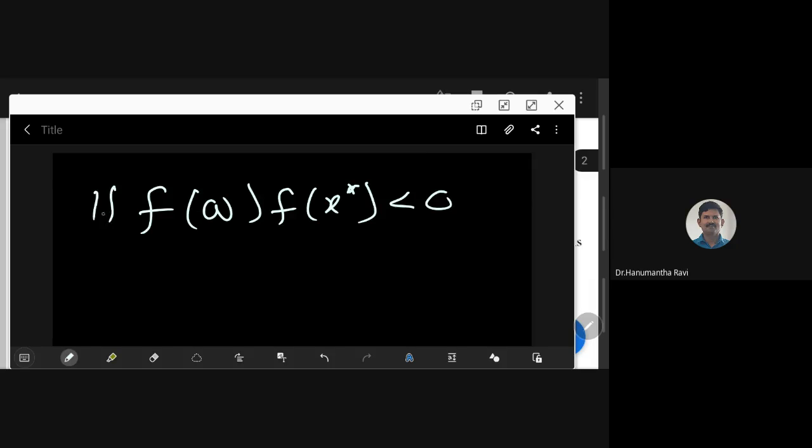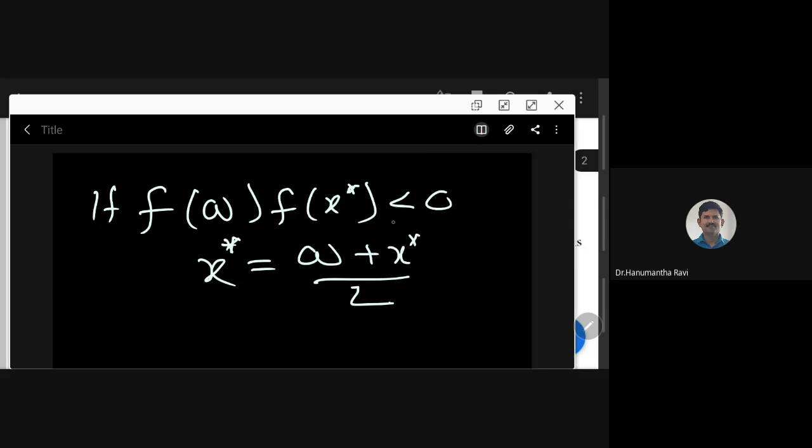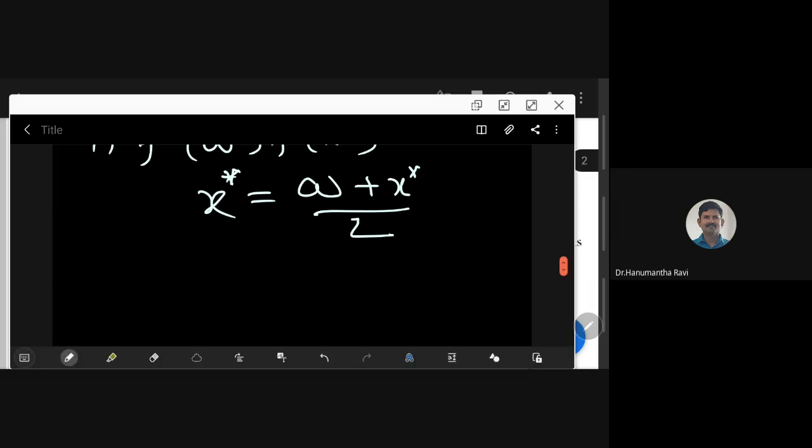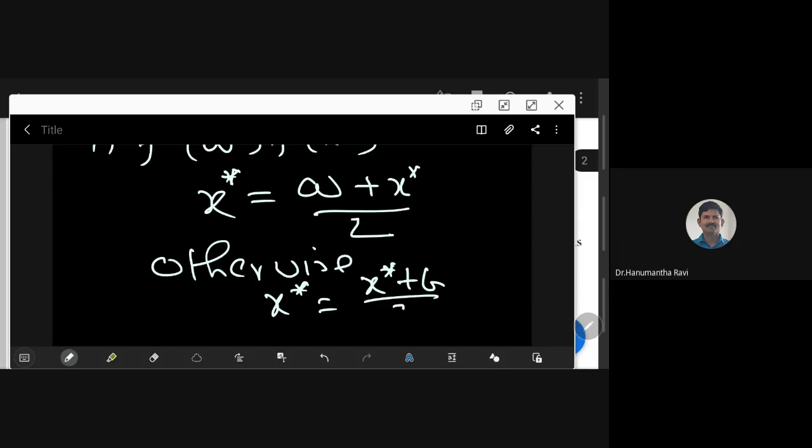If this is less than 0, then the next approximation, that is the best approximation, will be updated as A plus x star by 2. Otherwise, the approximate root is x star plus B by 2, the other part of the interval. So this is the bisection method. This is what we mean by bisection method.